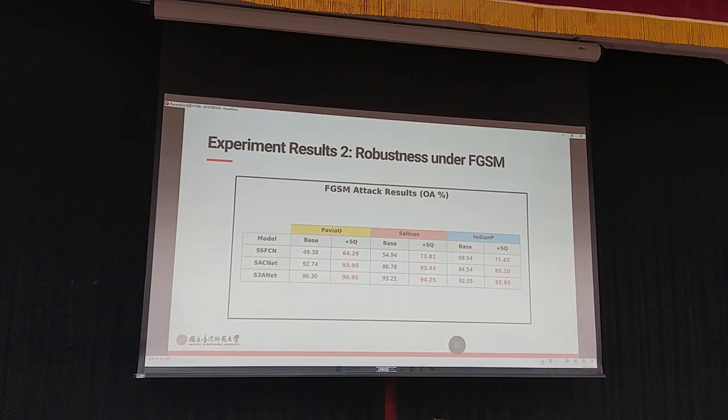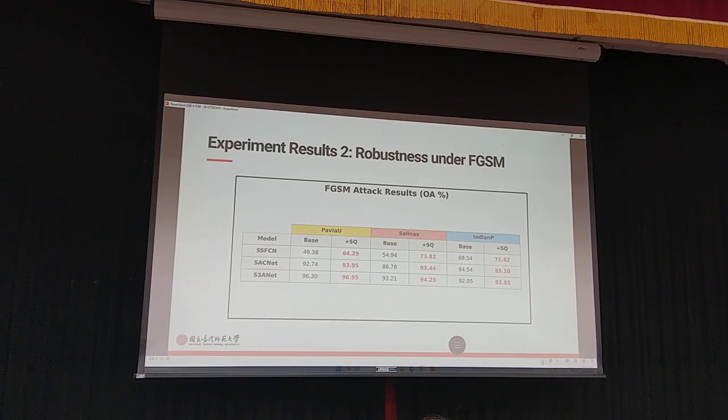Next, I show the FGSM attack results. Again, the values are average OA over 10 runs with L equals 20. Here, I compare FGSM without defense and FGSM with feature squeezing. Feature squeezing improves OA in all reported places.